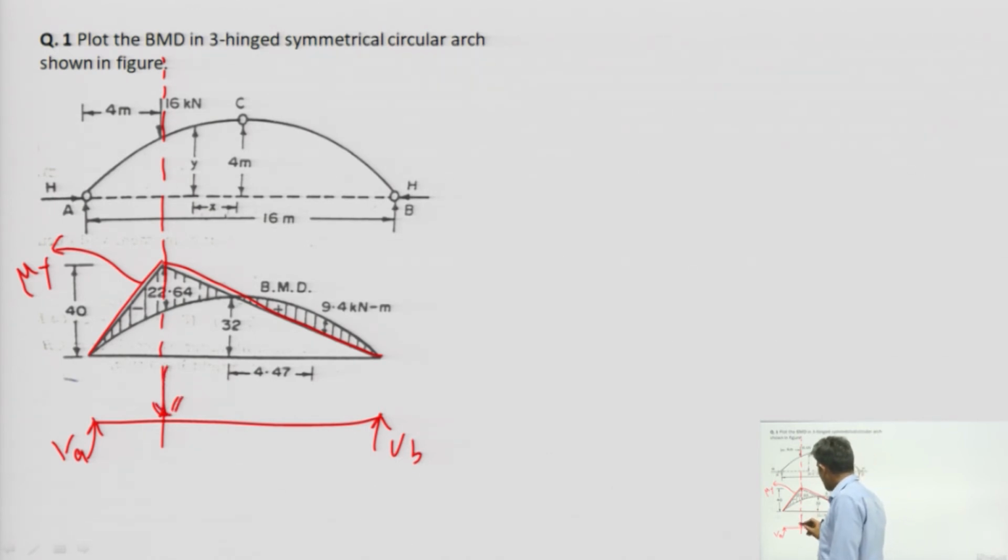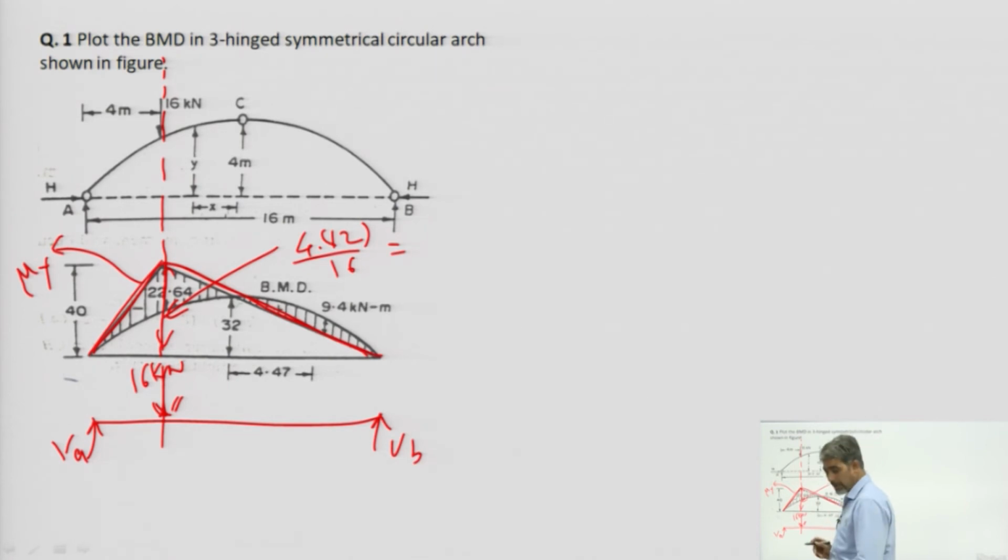So, considering the point load 16 kilonewton, we know what the bending moment of this is. The bending moment will be this, and its ordinate will be 4 into 12 divided by 16, multiplied by 16.